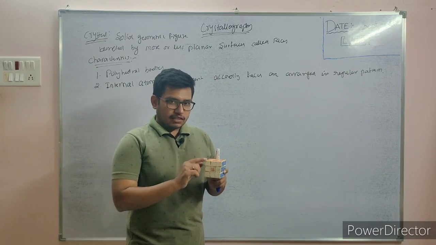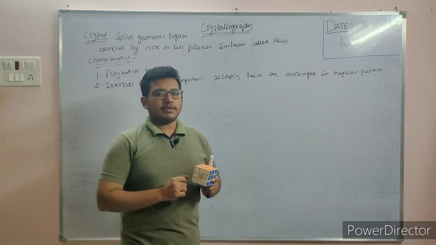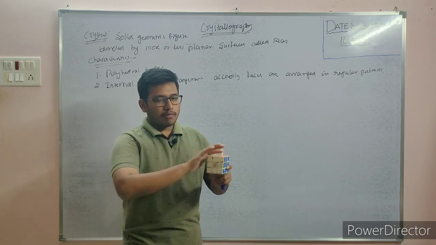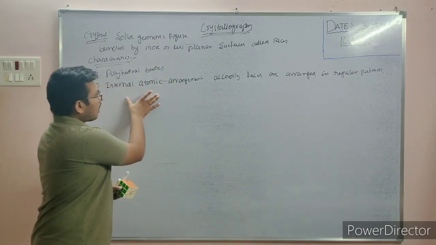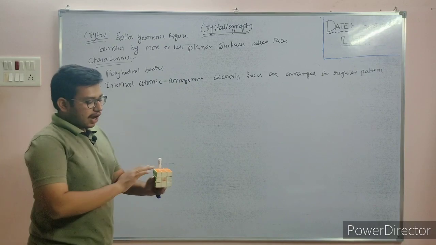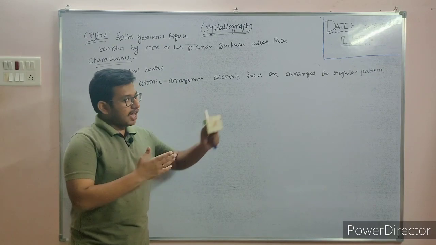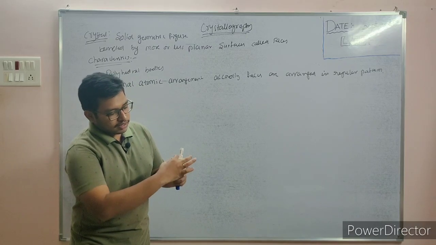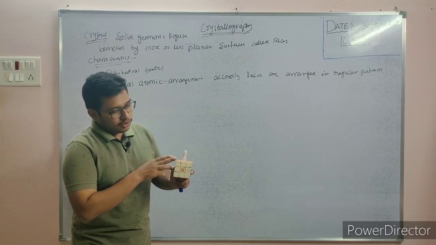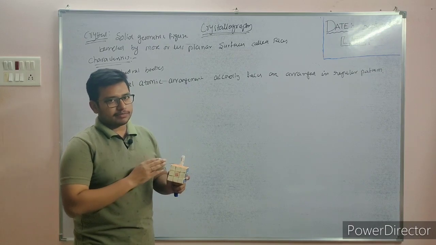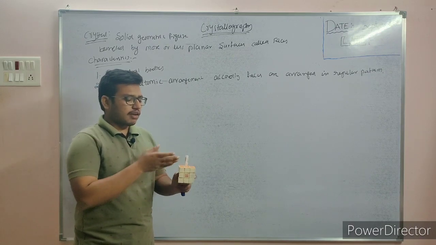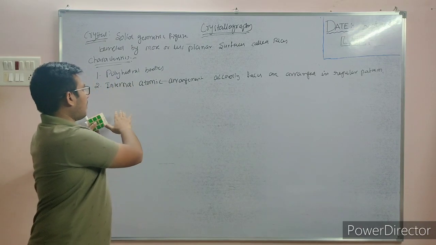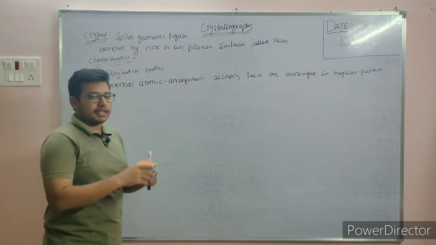In this unit cell there are atoms present, and these atoms are arranged in a regular geometric way to form the crystal. That is the internal atomic arrangement. Accordingly, faces are arranged in a regular pattern, which means the faces are developed parallel to this unit cell. In some other crystals the faces are also developed diagonally. So it is basically dependent on the internal atomic arrangement.